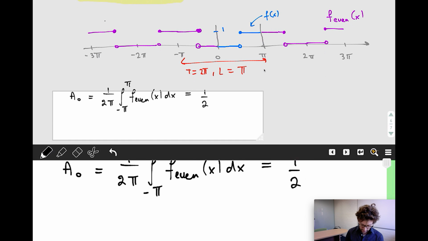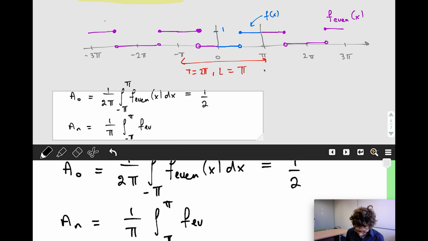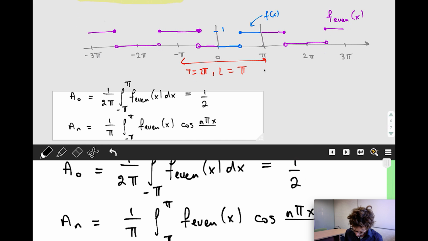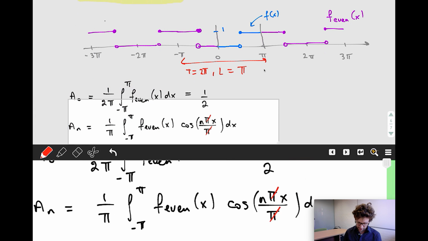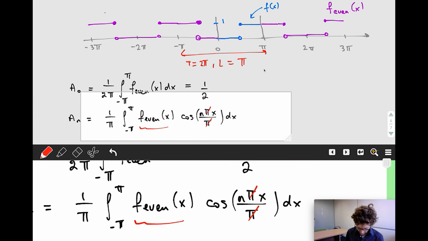We also want to find the a_n. So a_n is 1 over pi times the integral from minus pi to pi of f_even times cosine of n pi x over pi. So those factors of pi will go away. We see that f_even is by definition an even function, and cosine is an even function.